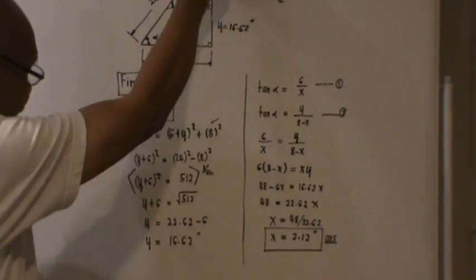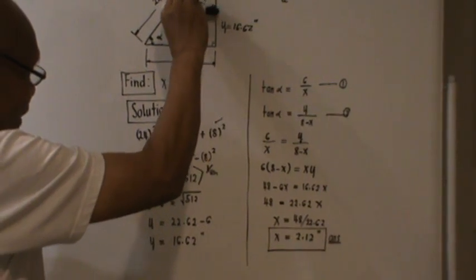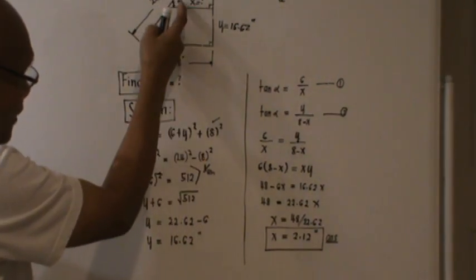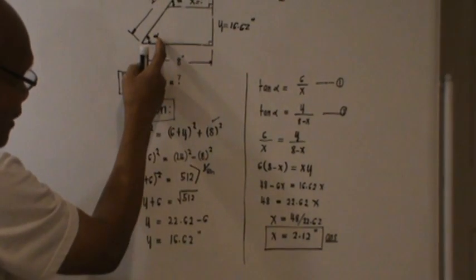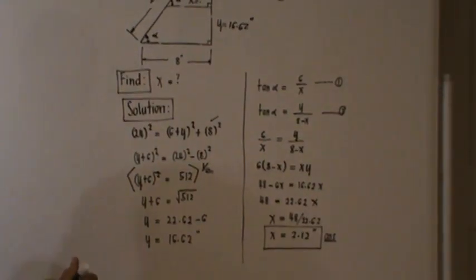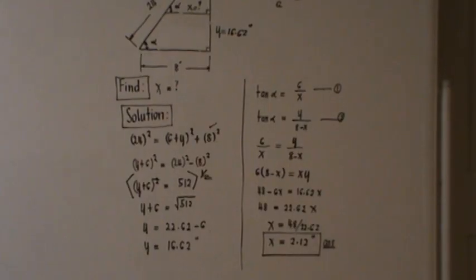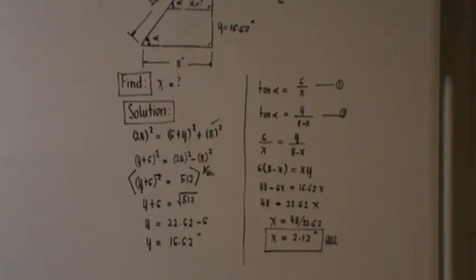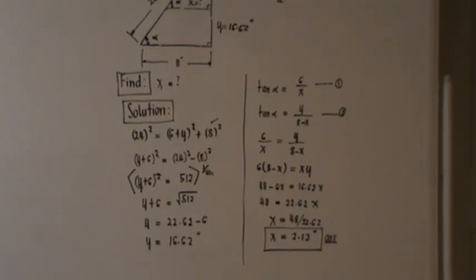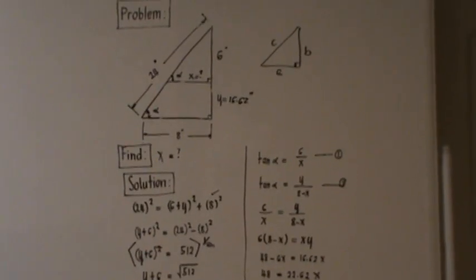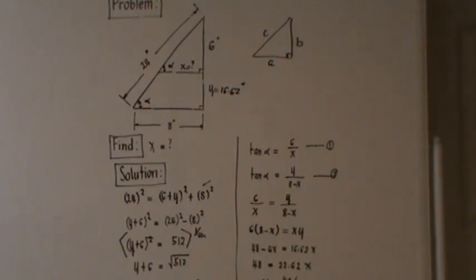So same line, parallel lines. So if this is alpha, this should also be alpha. Could you see it, guys? I'll try to raise the figure a little bit so you can see it. Okay, that's the original figure.